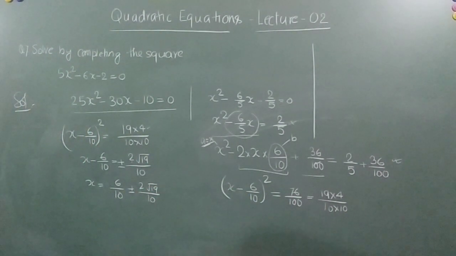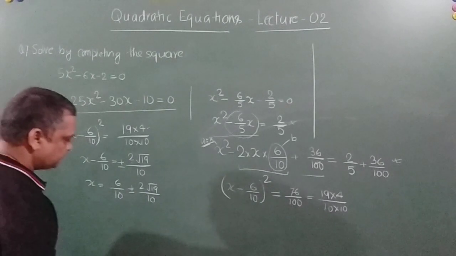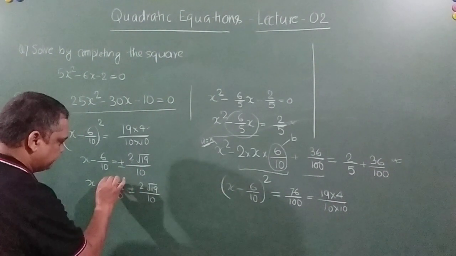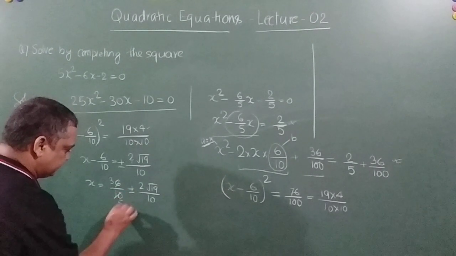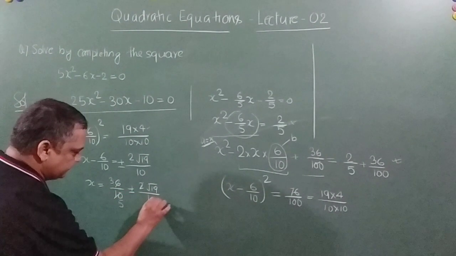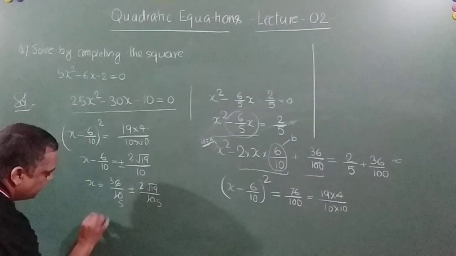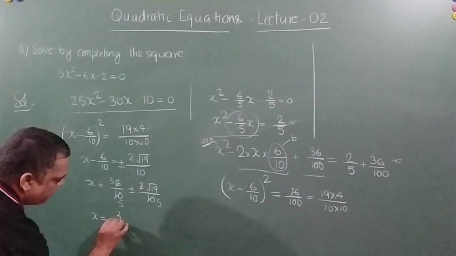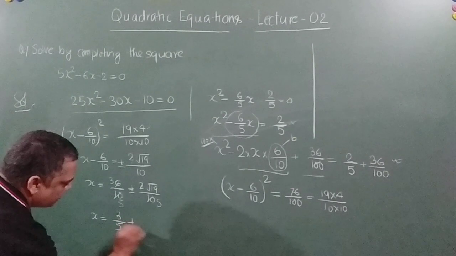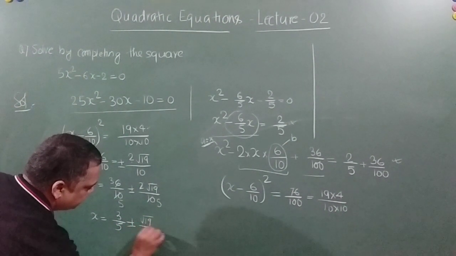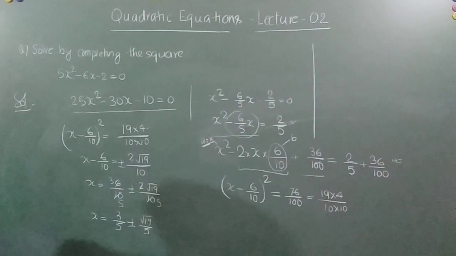You're getting it? Right? So we can basically do one thing, my friend. This is 3, this is 5, and this is 5. So I'll just revise it here. That is 3 by 5 plus or minus root 19 by 5. You got it?